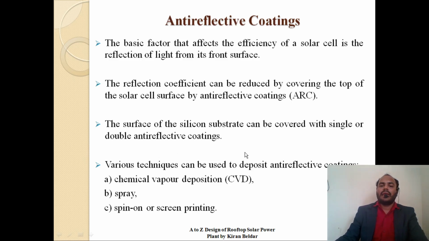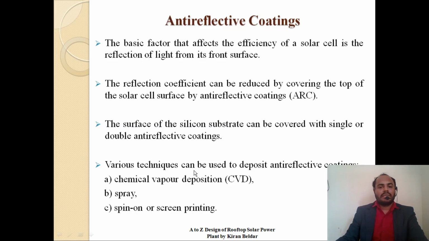The reason is that if the thickness of the anti-reflective coating is higher, it affects the absorption of sun rays. Because of that, less electricity generation can occur.